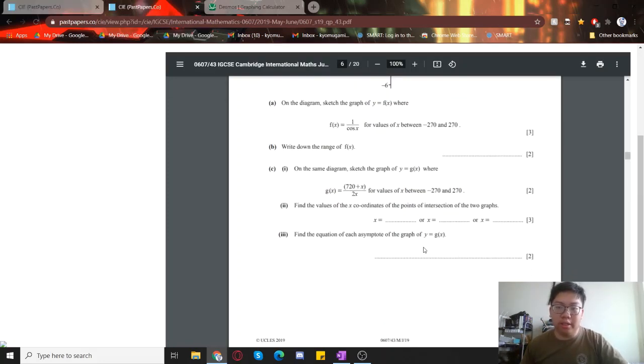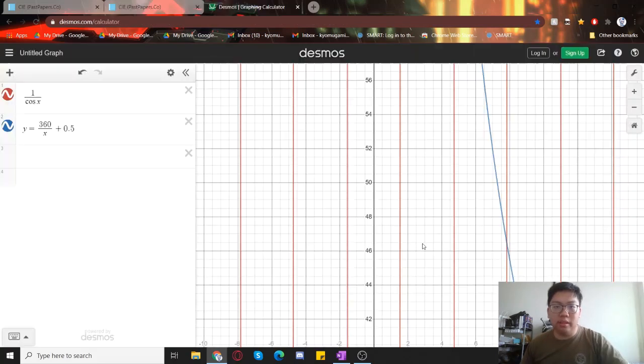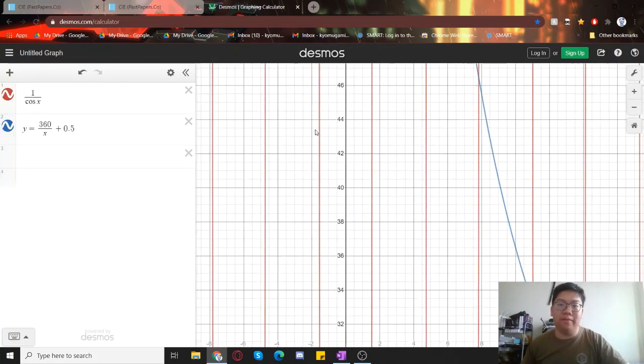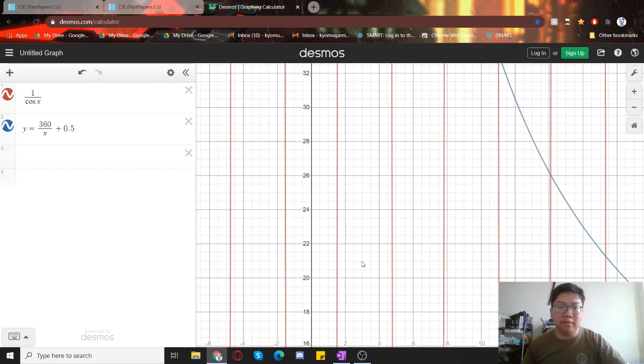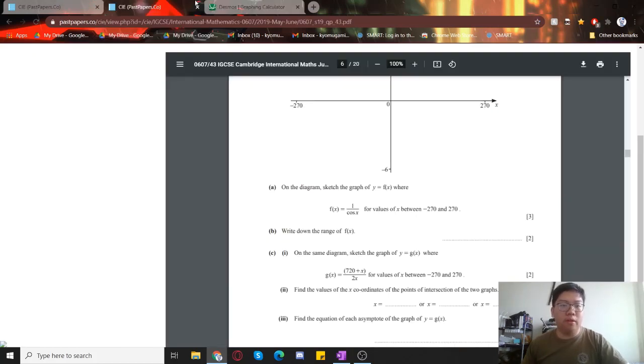Okay. Equation of each asymptote of the graph y equals g of x. Well, we know what it is, kind of. So this is one of the cases where if you know it, you know it. So for the horizontal, it should be 0.5. So let's check.